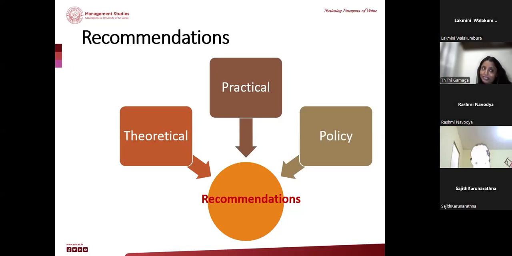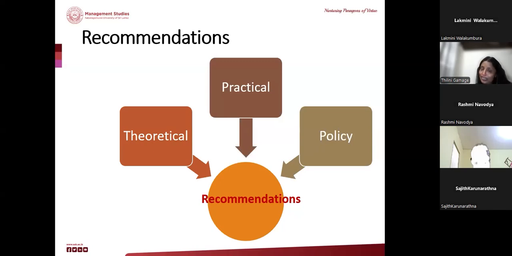But recommendations play a crucial role, and they guide scholars, researchers, and even practitioners on what they should do and how the findings advance existing knowledge and existing practices. That's very important. Therefore, you should understand that although the recommendations are presented at the latter part, it's not that they're unimportant. They also play a critical role.